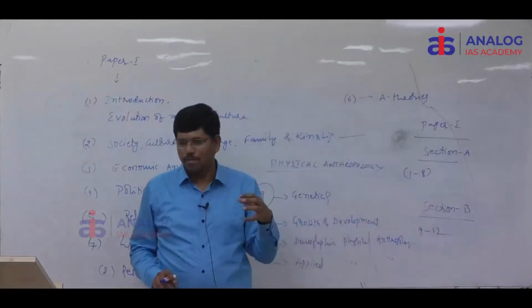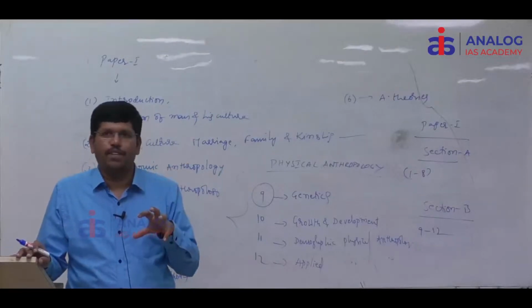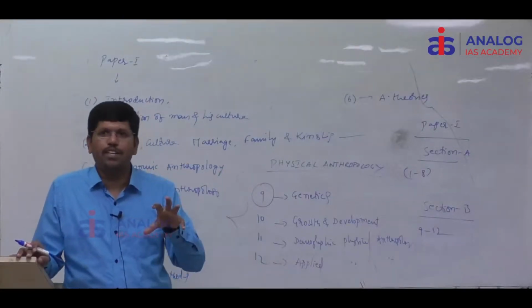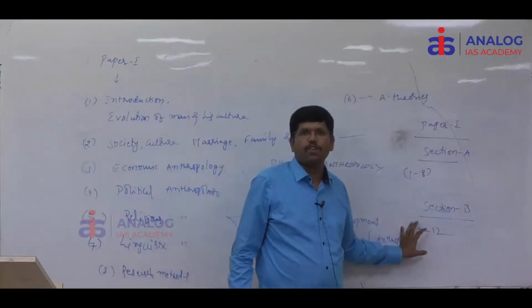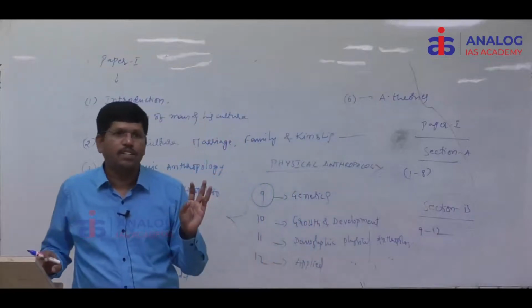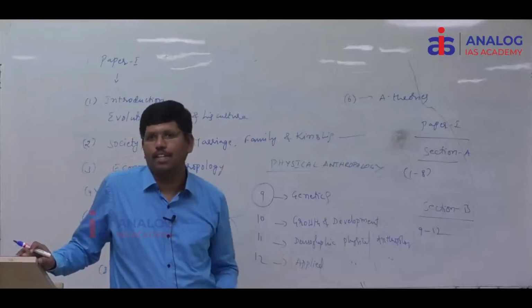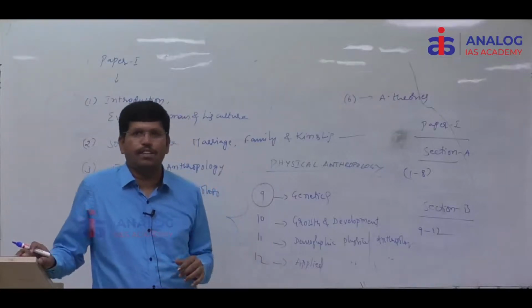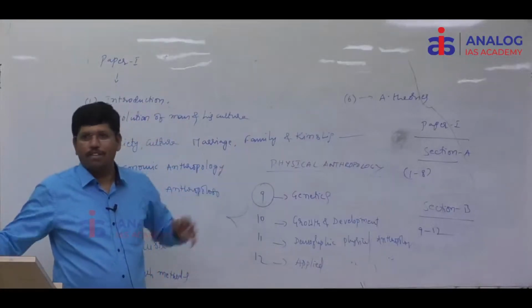But so far, based on our experience, we have observed that the majority, not always, of the successful candidates attempted 3 questions from physical anthropology. Why? Because this is full of science, and if you write a proper answer, you can save a lot of time and decrease the discretionary power of the examiner. That is the advantage. And this is about paper 1.